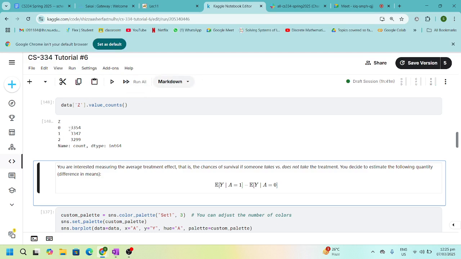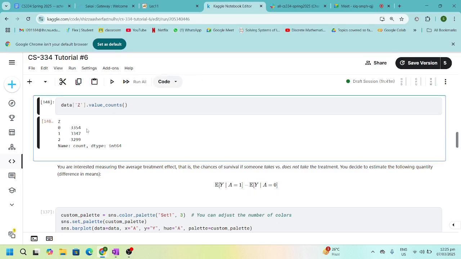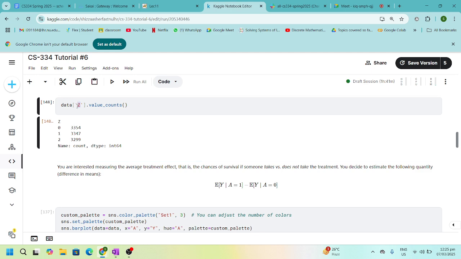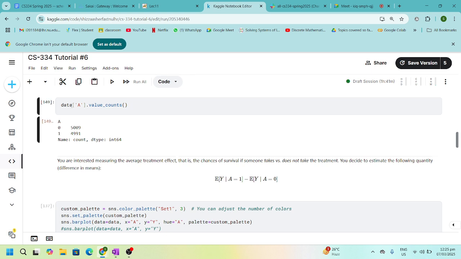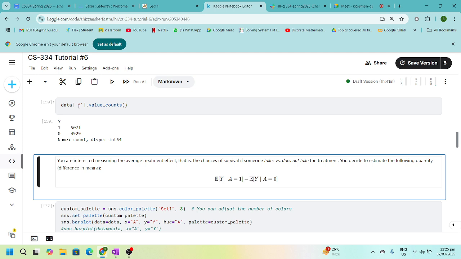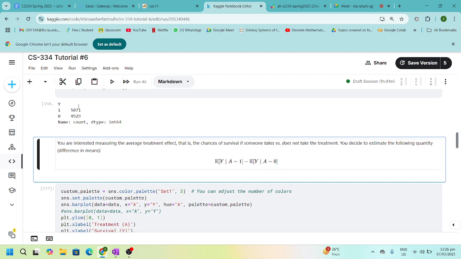All right, so I have around 3,300 people across each case of severity of symptoms. Roughly, I have around 5,000 people in each of the two groups, treatment and control. And roughly, I have around 5,000 positive outcomes, the people being alive, and 5,000 negative outcomes where the patients died. All right, with that, let's move on.